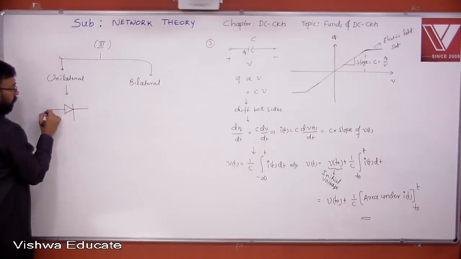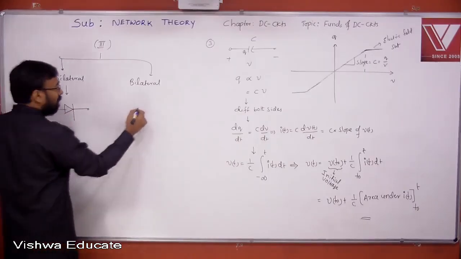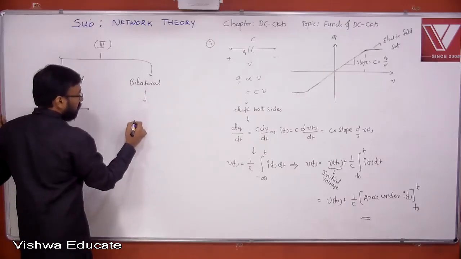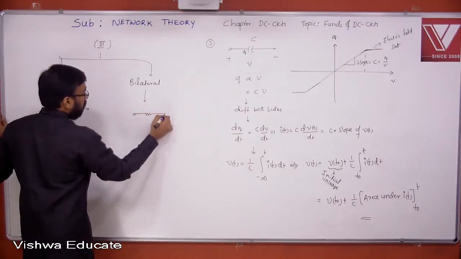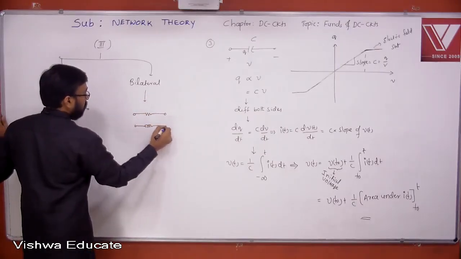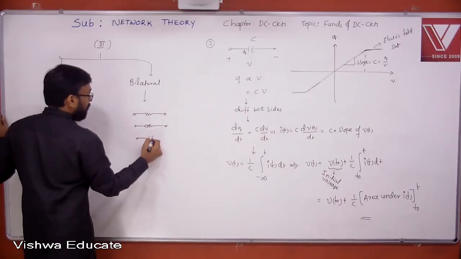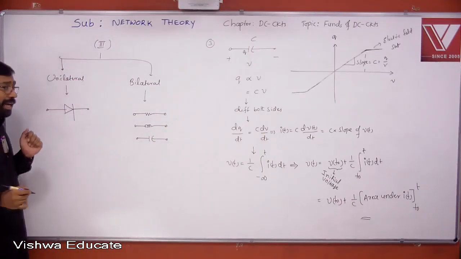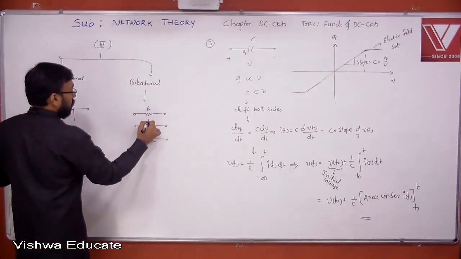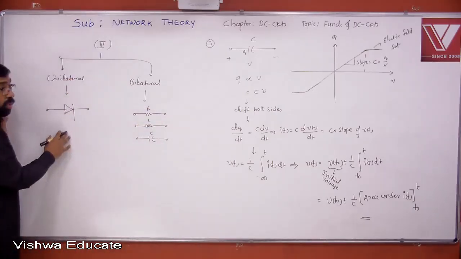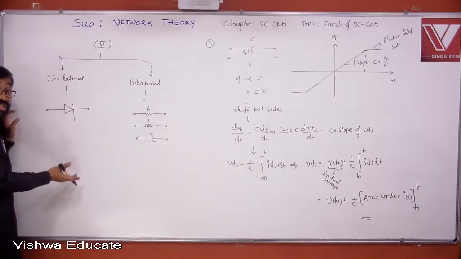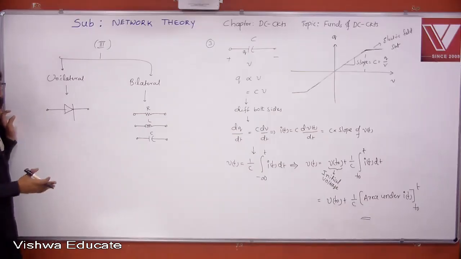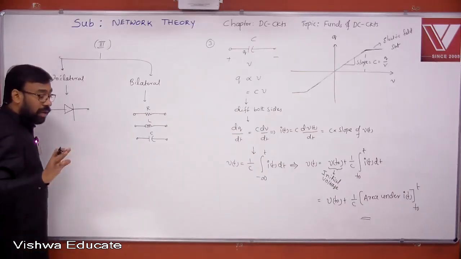Yes or no? What is a bilateral element? Resistor, inductor, and capacitor. These three are bilateral elements. RLC elements are bilateral elements. Yes or no? But diode, transistor, thyristor, you take any semiconductor, they're all unilateral elements.